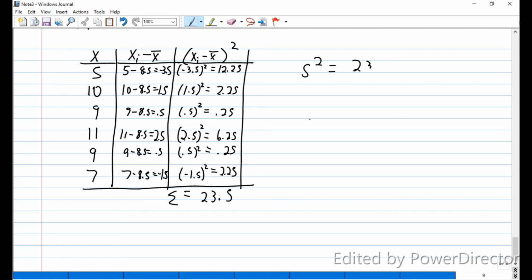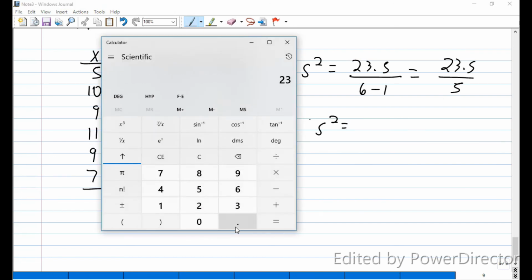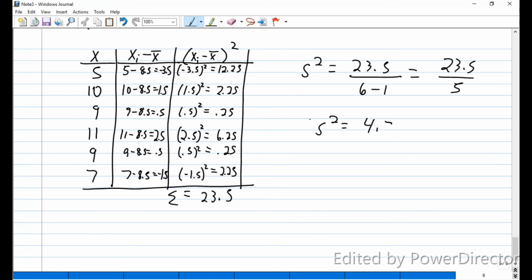We got that as 23.5, and that's divided by n minus 1. How many data items are there? 6. So 6 minus 1 is 5. So 23.5 divided by 5. So I know that my variance is 4.7. So that is the sample variance.